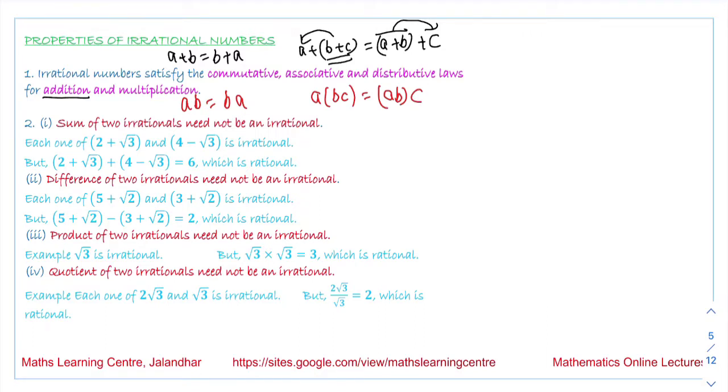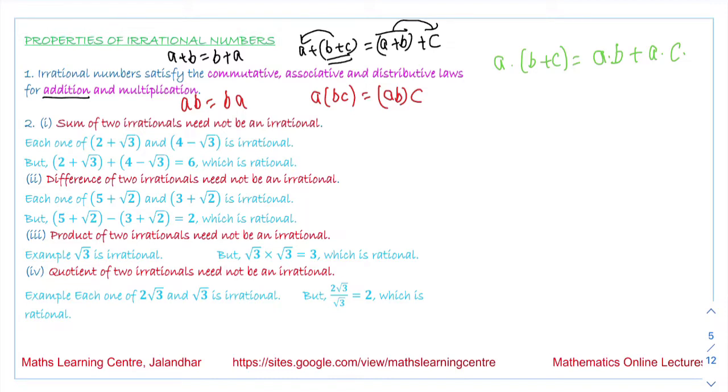And the distributive law is a into b plus c, that is equal to a into b plus a into c. So the irrational numbers satisfy commutative law, associative law and distributive law for addition and multiplication.